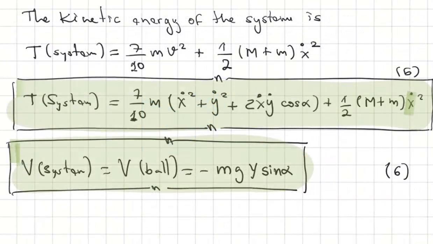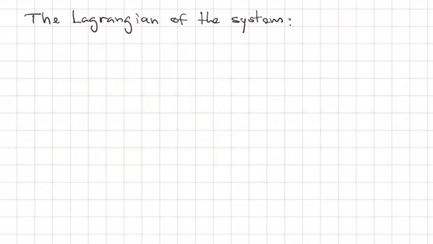Okay, now we want to calculate the Lagrangian of the system. As we know, the Lagrangian of the system is the function that is the difference between the kinetic energy and the potential, right?